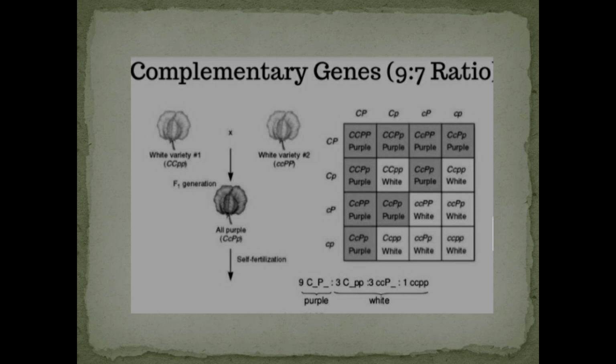Its ratio 9:3:3:1 means a 9:7 ratio. Purple color occurs in 9 and white color in 7.